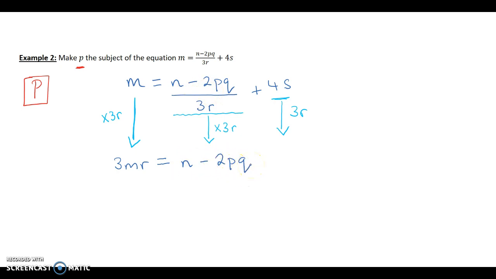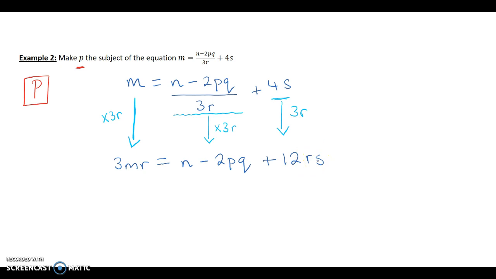Because we're multiplying the whole thing by the denominator, the denominator disappears, and we're just left with the top, n minus 2pq. And then over here we have plus 4s times 3r. So we're multiplying positive 4s by positive 3r, so it's plus 3 times 4 is 12, and s times r, if you write it in alphabetical order, that's rs.